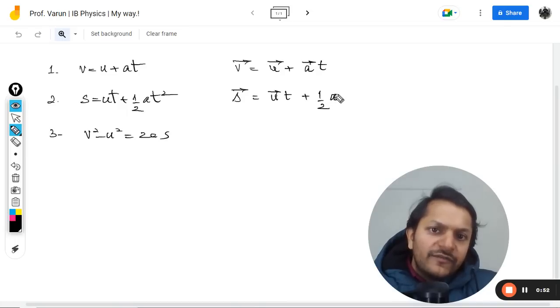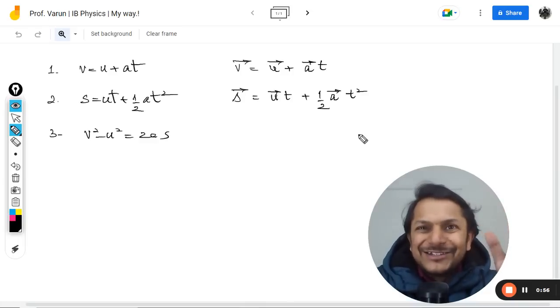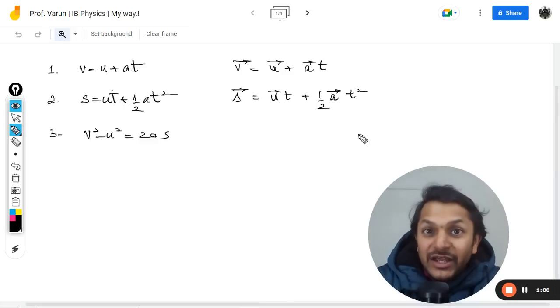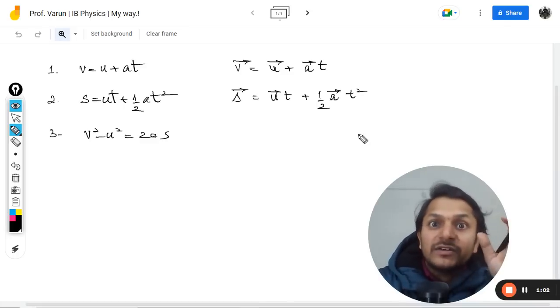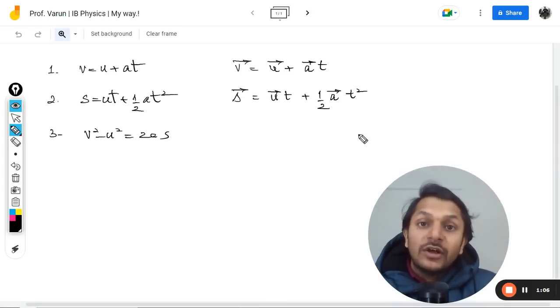So if a vector equation is given, just try to imagine that you're doing vectors in your maths AAHL. Now you're talking in terms of I, J and K, and the vector is given. You can completely substitute the value as a vector and you can solve this equation.